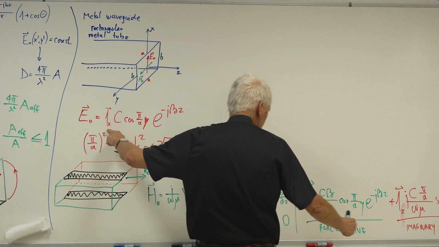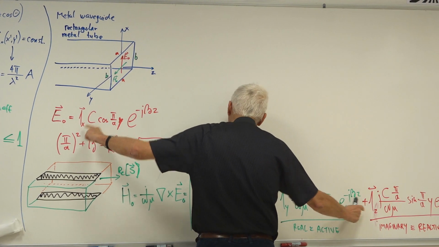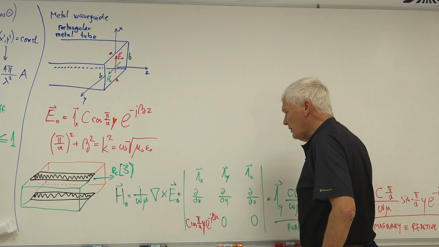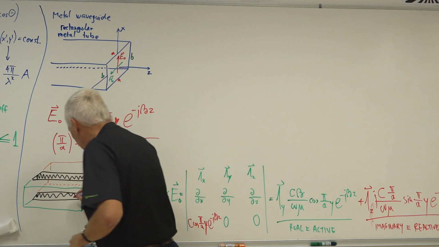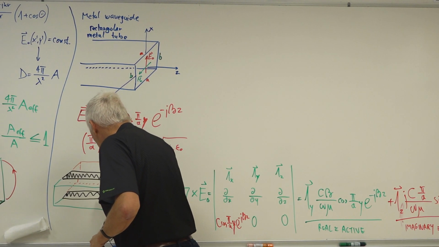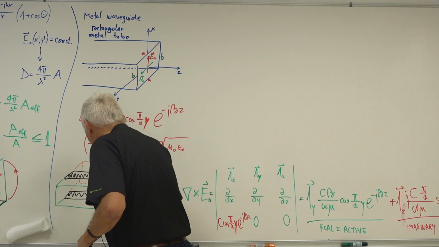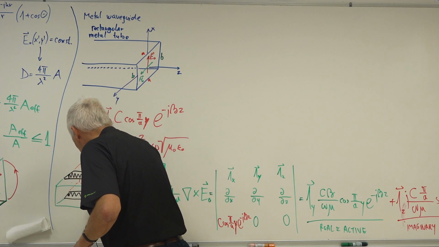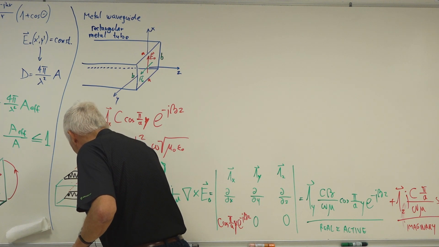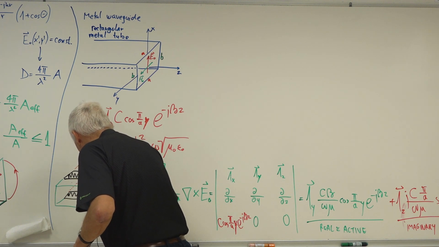And this one, 1x times 1z, will give something in the direction 1y. So the imaginary power is going to oscillate from side to side. So in this direction here, this will be the imaginary part of S.